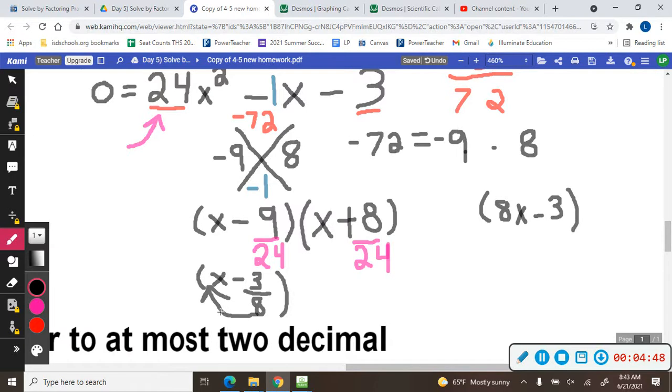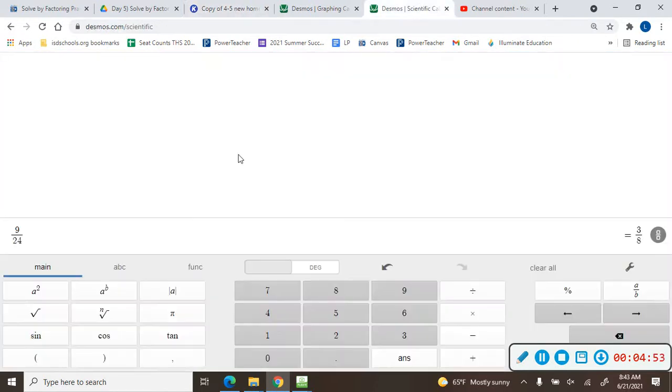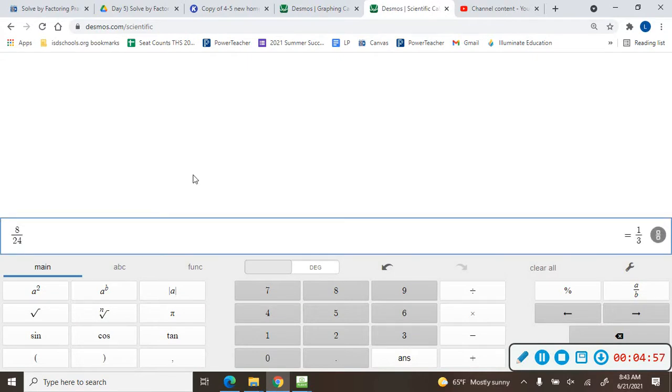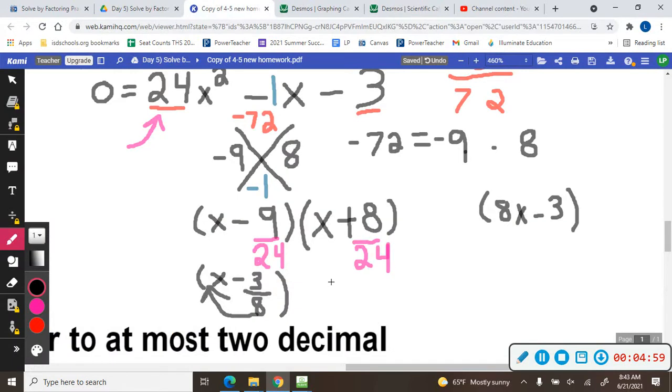So all I did was I put this over here. I ran out of room. 8 over 24 reduces to a third. I get x plus a third, and this time the 3 slides to the front.